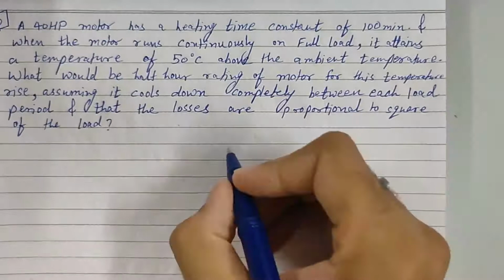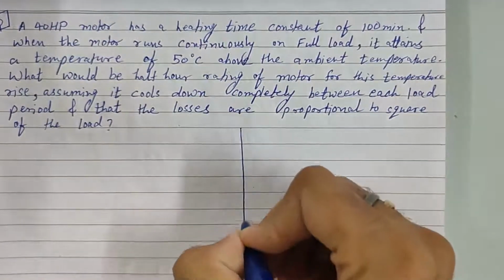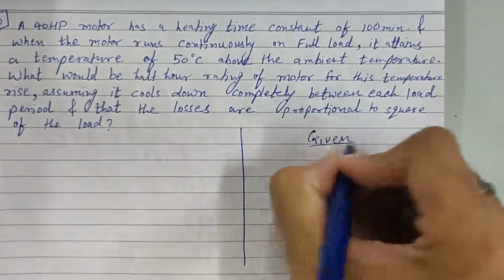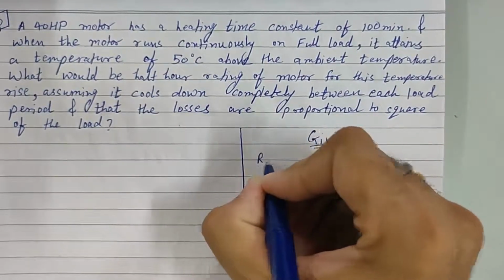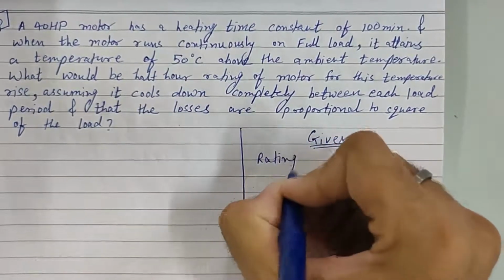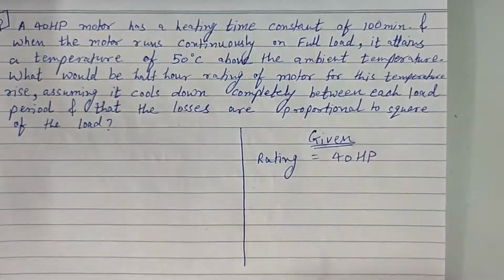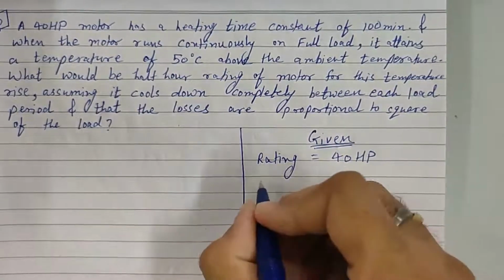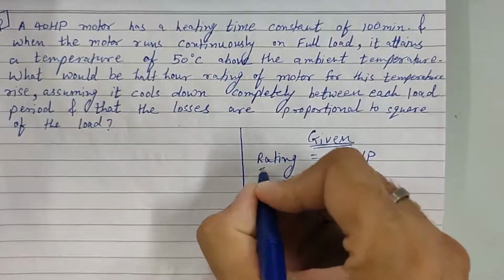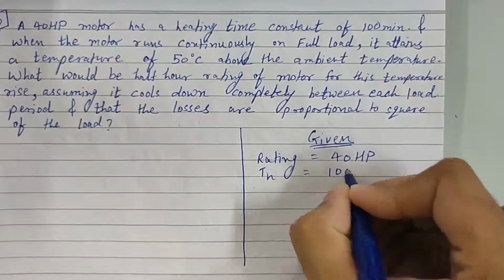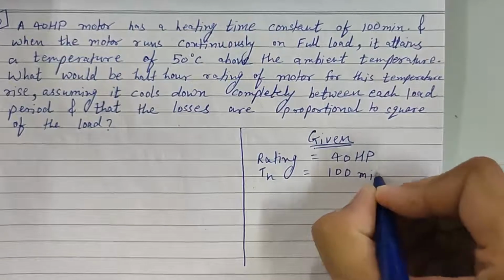Now let us see what all is given to us. So first of all, the rating of the motor is given. So the rating is 40 HP. Next, the heating time constant, that is capital TH, is given to us as 100 minutes.